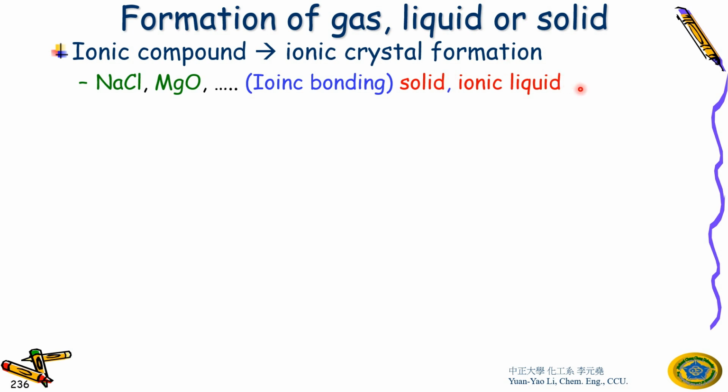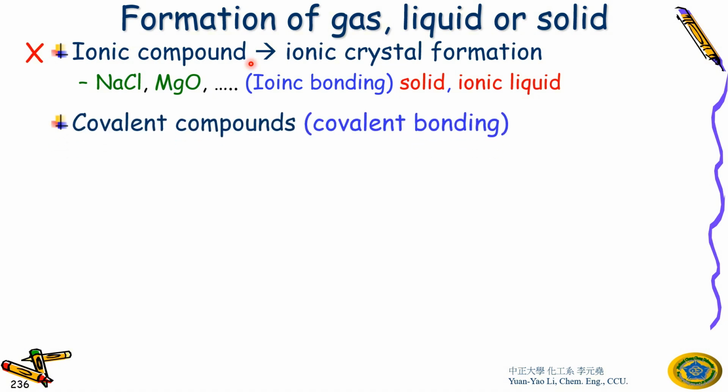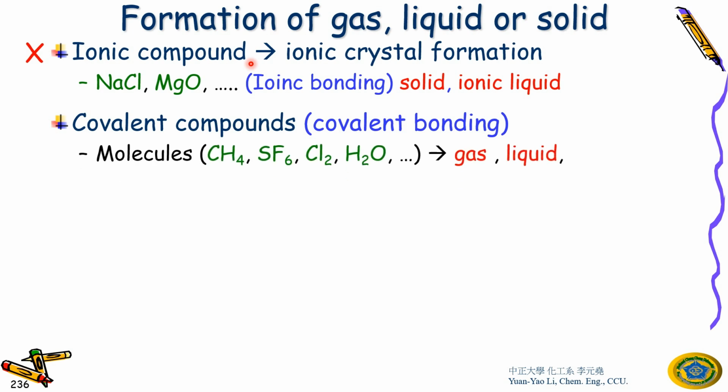Ionic liquid. So we cannot explain the formation of gas, liquid, or solid using ionic bond compounds. No. How about covalent compounds? You list covalent compounds like CH4, SF6, Cl2, H2O, and so on, and you realize some are in the gas phase, some are liquid.